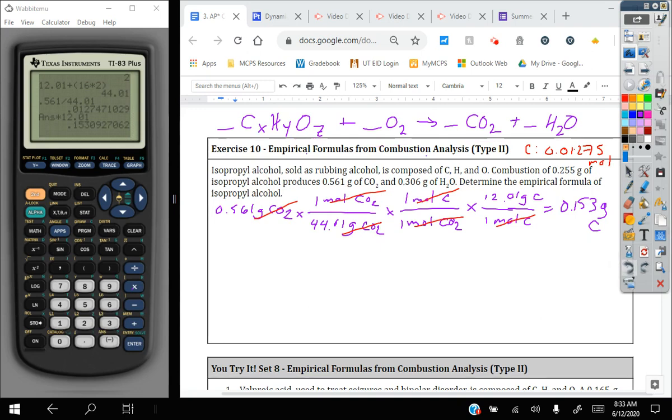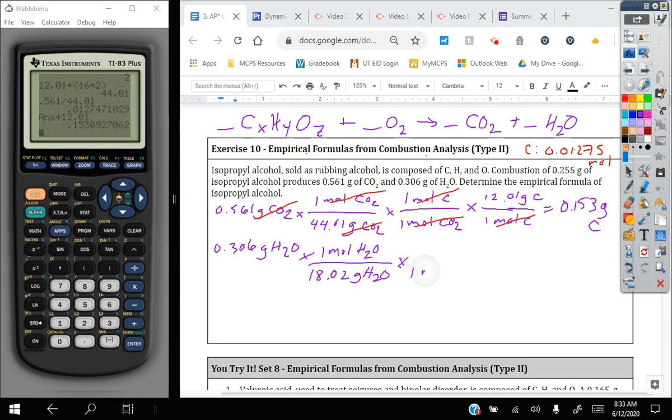So I'm going to go through and repeat this process again with water. So with water, I've got 0.306 grams of H2O. We got 1 mole of H2O on top, and then the molar mass of H2O on the bottom. We've got 16 grams for oxygen plus 2.02 grams for hydrogen, since there's 2 of them, each one of them being 1.01 grams.